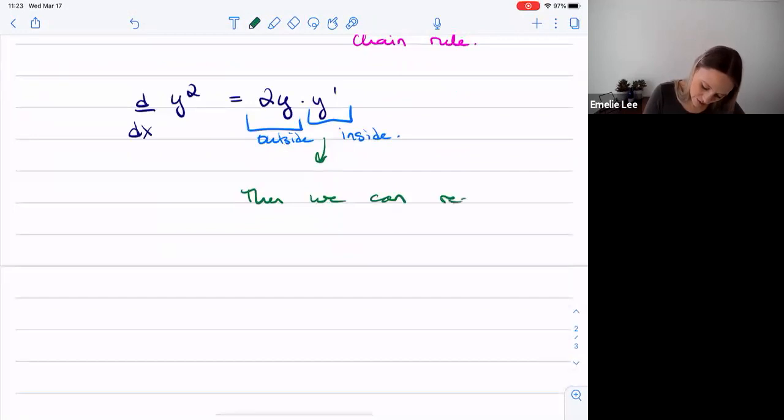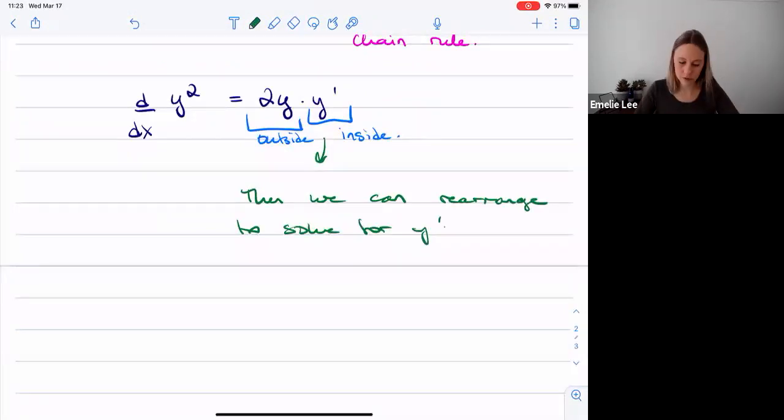But then we can rearrange to solve for y prime. And I'm just going to go straight for the prime notation. We should be using d/dx or something like that, but it's just nice to have y prime. There's a lot going on with implicit differentiation anyways.